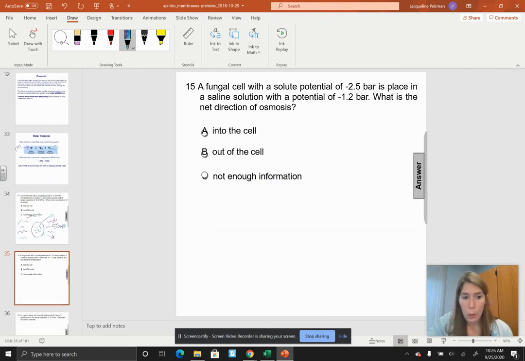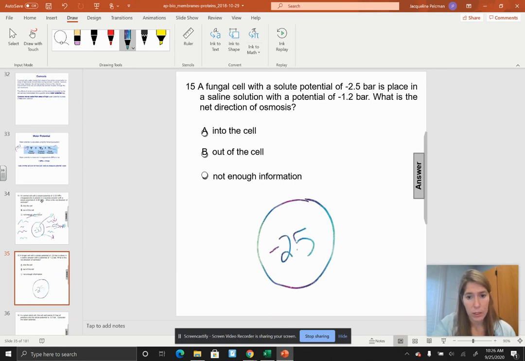A fungal cell with a solute potential of -2.5 bars is placed in a saline solution with a potential of -1.2 bars. Here's my cell at -2.5 bars, in a solution of -1.2 bars. Where is the net direction of osmosis? Is it moving into the cell or out of the cell?